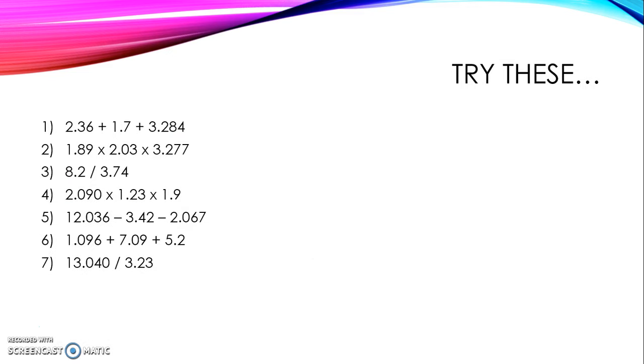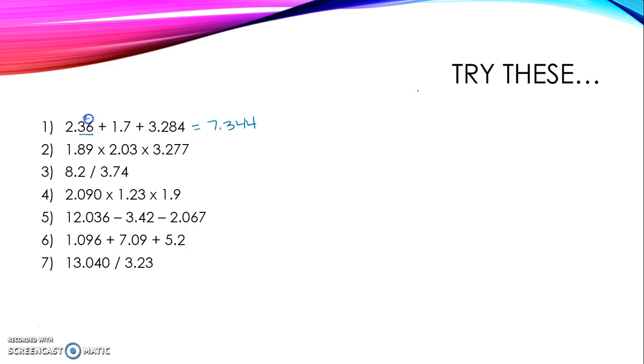Here's some for you to try. I want you to do the odds with me, and then the evens you're going to do on your own. For problem number 1, we have 2.36 plus 1.7 plus 3.284. When you put that in the calculator, it tells us 7.344. It's addition and subtraction, so we need decimal places.